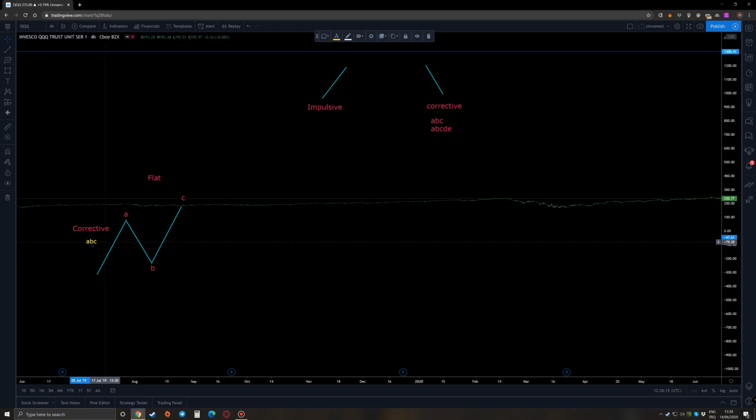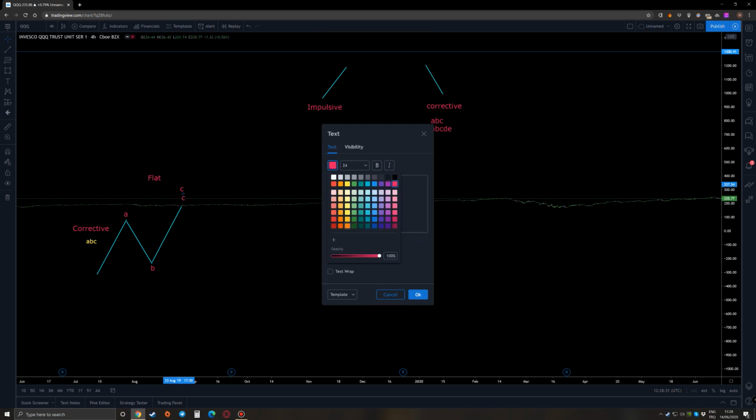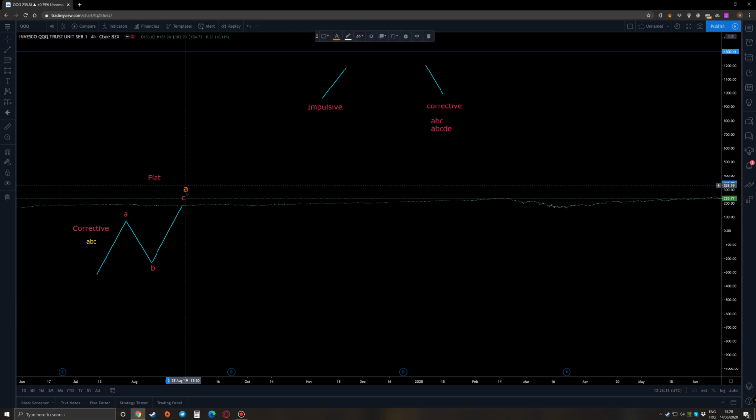Yes, you can say it ends the wave A here. But this wave A is only the starting point of the bigger degree. So this ABC, if it's a simple correction, will end something on the bigger degree, such as wave A. It cannot start with a triangle, but other than this, wave A of a flat can be a flat in itself.